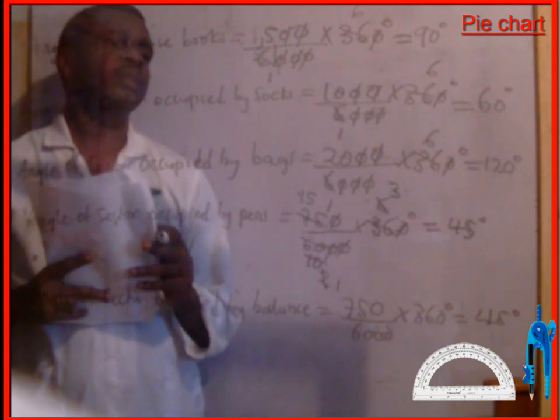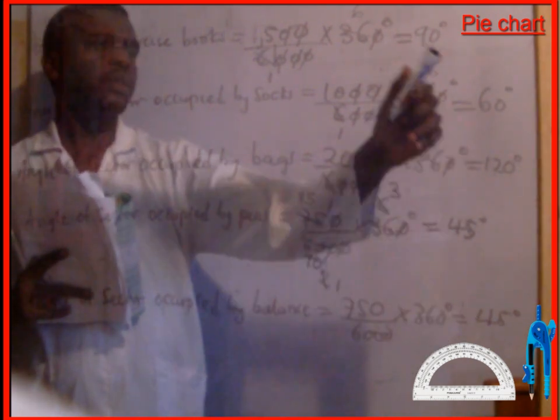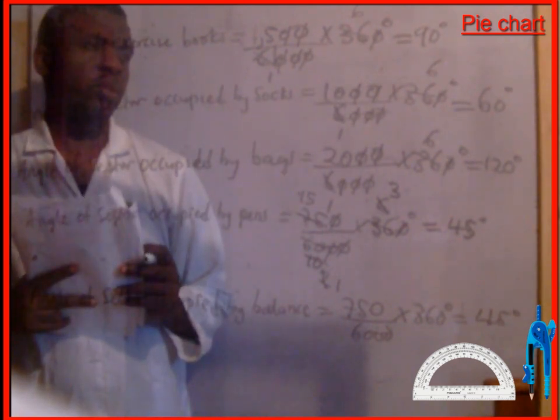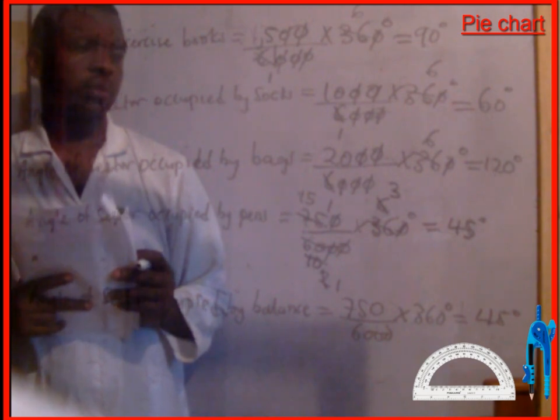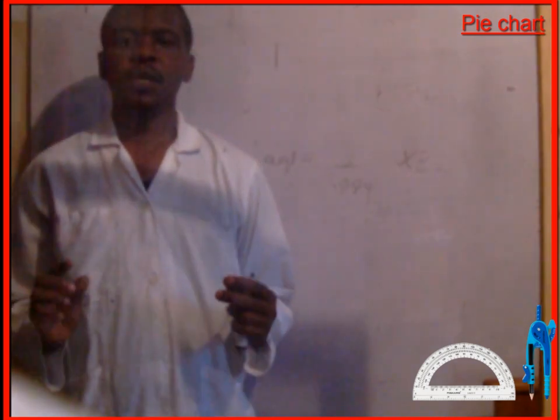The next task is to represent all of these angles on a circle, and this will give us our pie chart. So how do we do this? Let me start by drawing a very large circle.